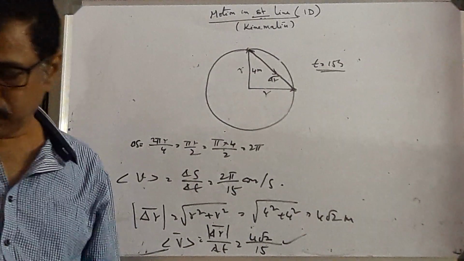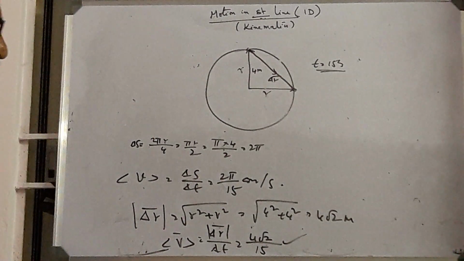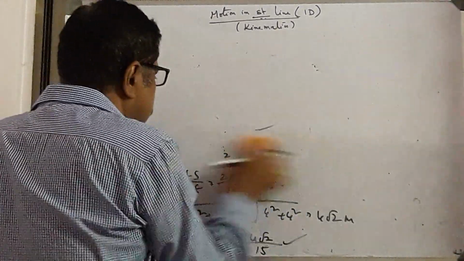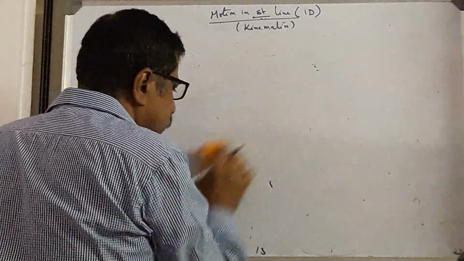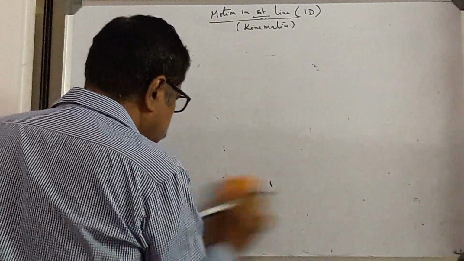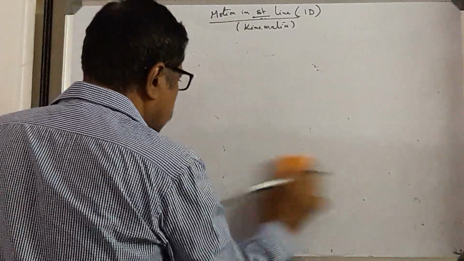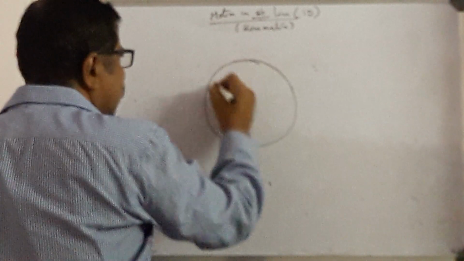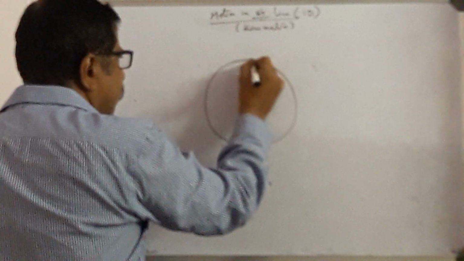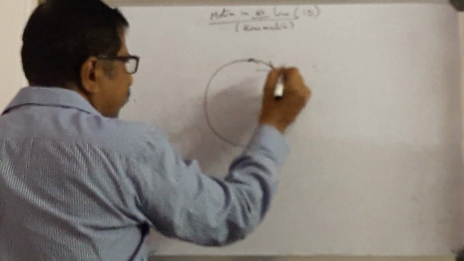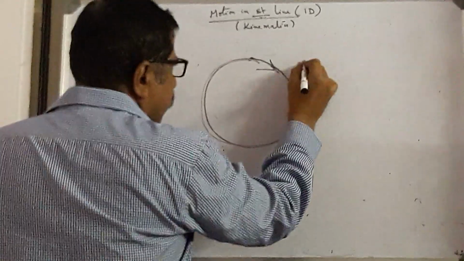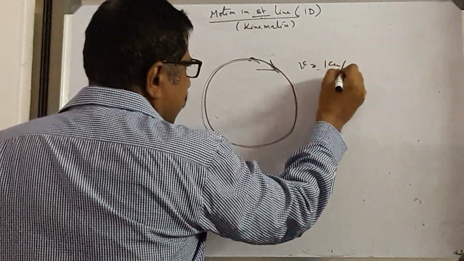Now, another example: a particle moves along the circumference of a circle with constant speed v equal to 1 centimeter per second.